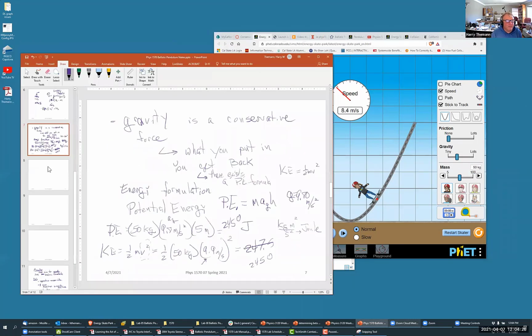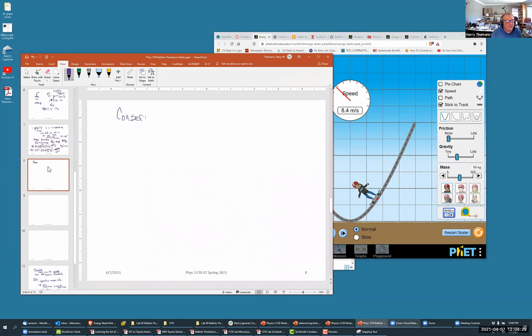So when you have a conservative force, the total mechanical energy is constant. So the E total then also equals the KE plus the PE.